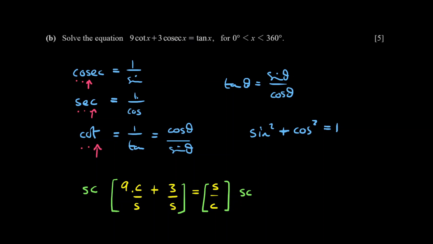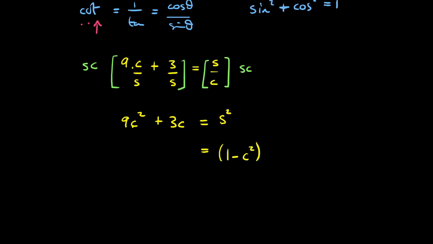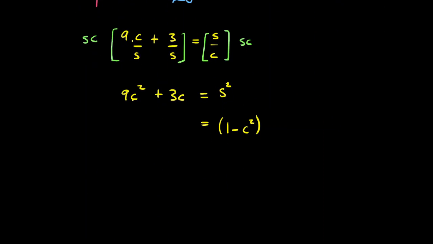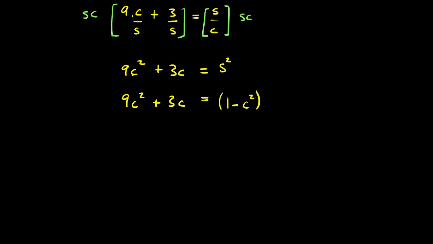And that means I can rewrite cos squared as 1 minus sine squared and sine squared as 1 minus cos squared. So here what I've got is 9 cos squared plus 3 cos is equal to 1 minus cos squared. So if I rearrange that, I've got 10 cos squared plus 3 cos minus 1 is equal to 0.